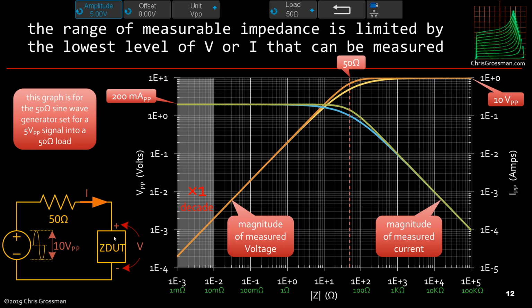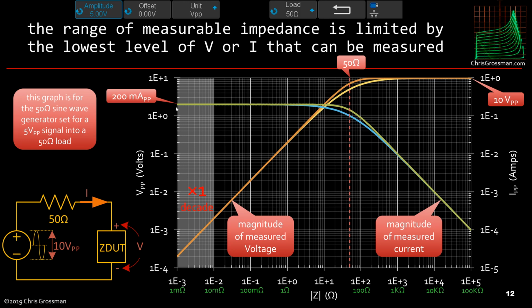So if this is shorted here, I'd have 10 volts peak to peak going into 50 ohms going through a short. So at low impedances, I'd see 200 milliamps peak to peak. Now, if this is a very high impedance, this current becomes very low, and whatever voltage I have here, 10 volts peak to peak, is what I see over the device I'm measuring.